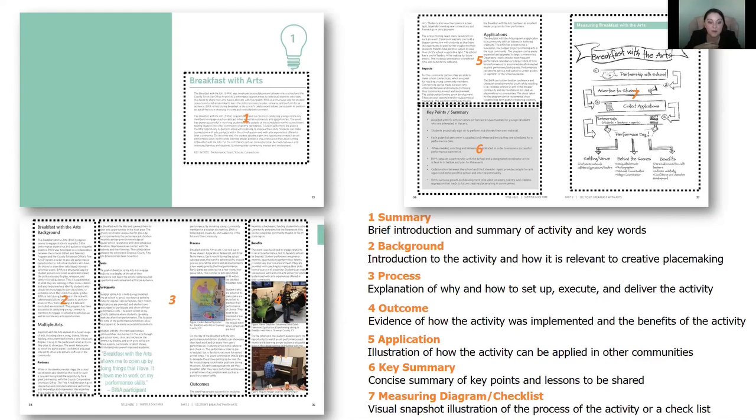And then the outcome that you can expect, based on our experience, some of the outcomes that we've experienced. So there's a good chance you'll experience those or similar outcomes on your own. We also share how this can be applied in other communities.